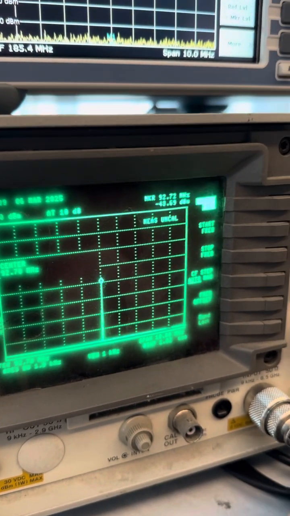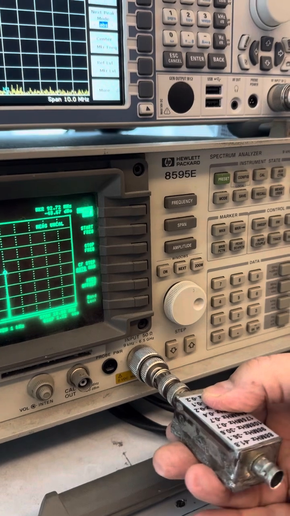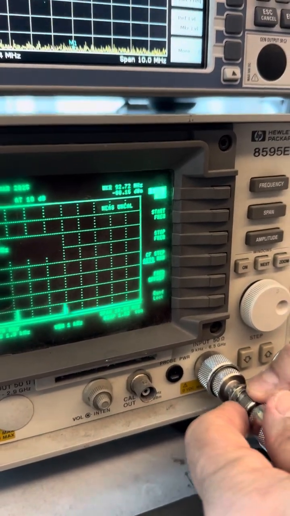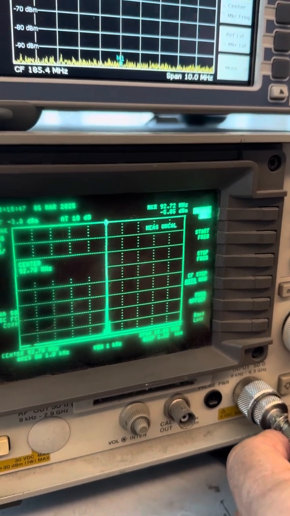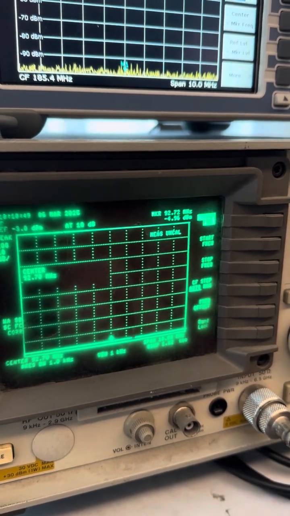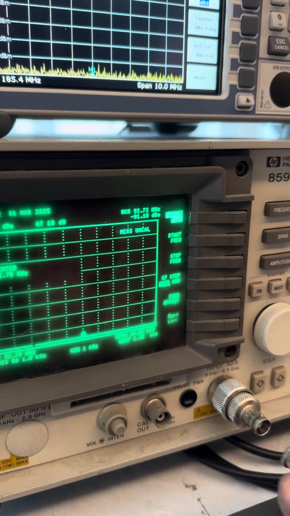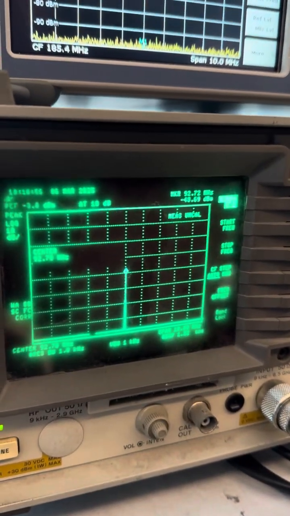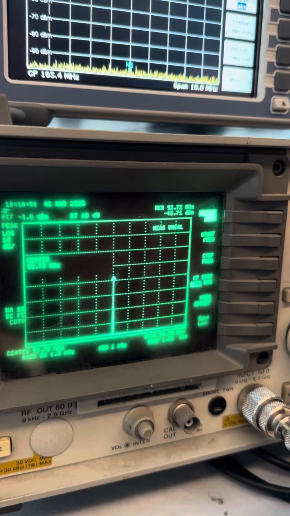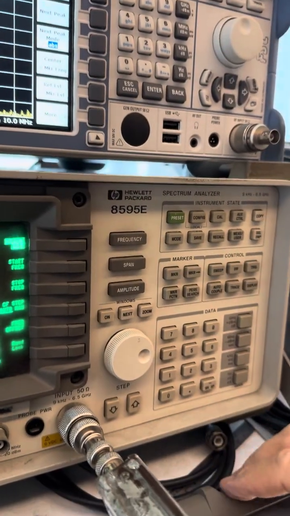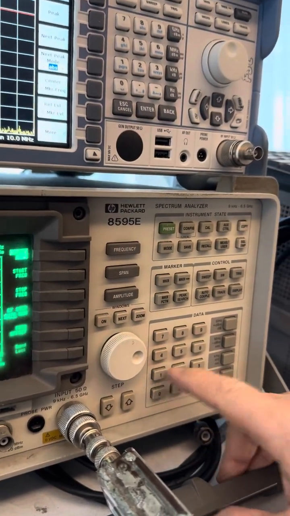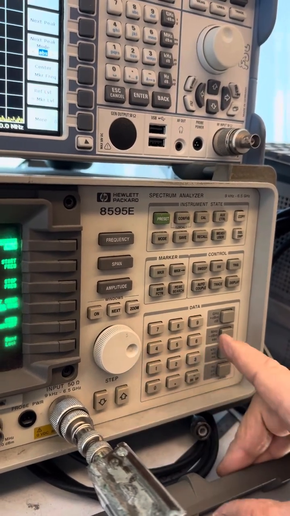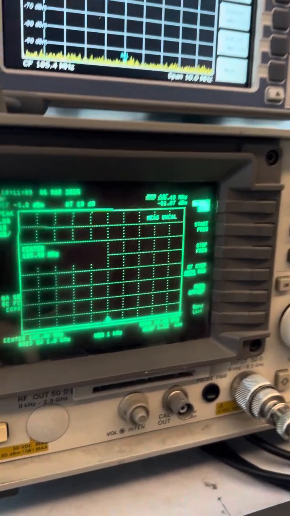If I disconnect the passband filter, you see, this is my carrier frequency. Now I put it in, and I attenuate only the carrier frequency, and if I go again to the third harmonic, I see there is nothing.